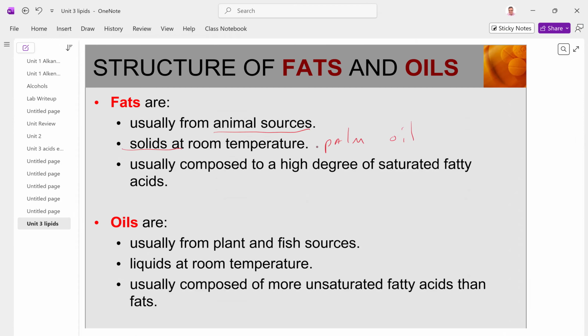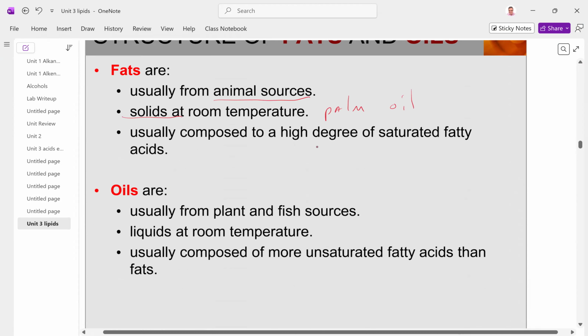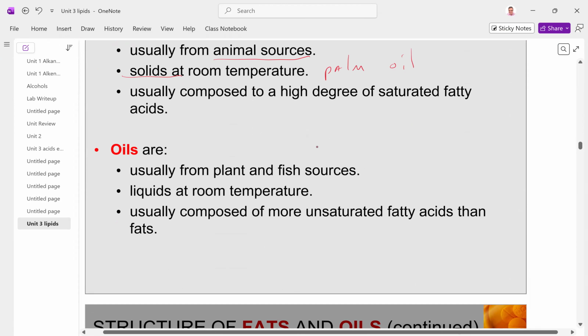Well, that's frequently kind of marginally solid, marginally oily at room temperature. Okay, oils are usually liquids at room temperatures, like your typical seed vegetable oils.